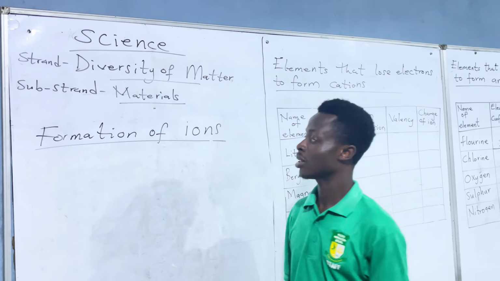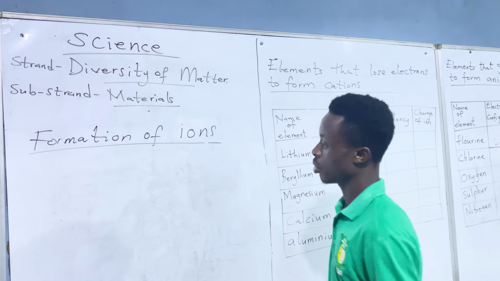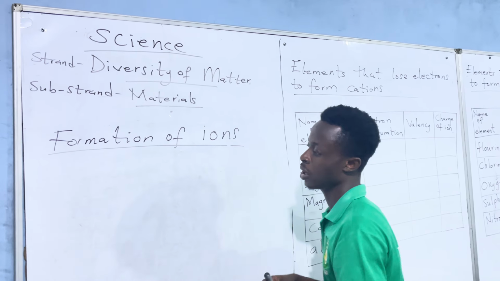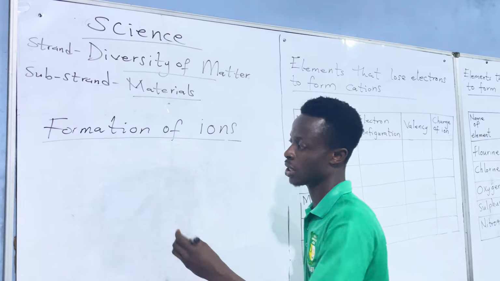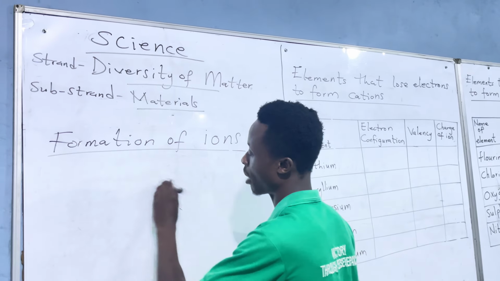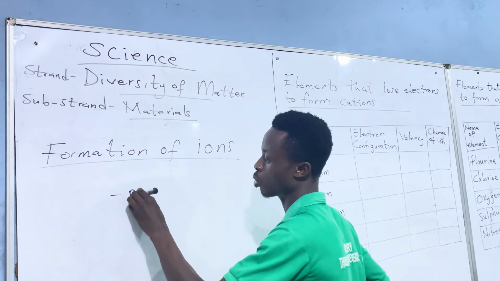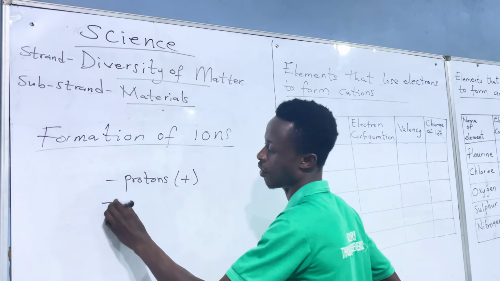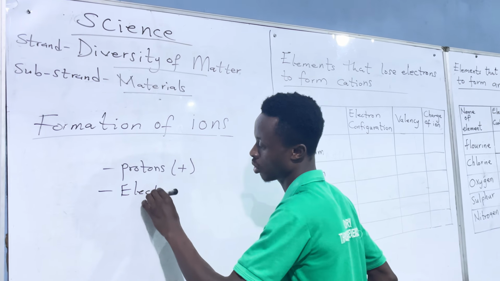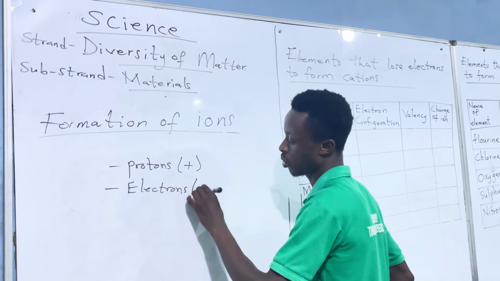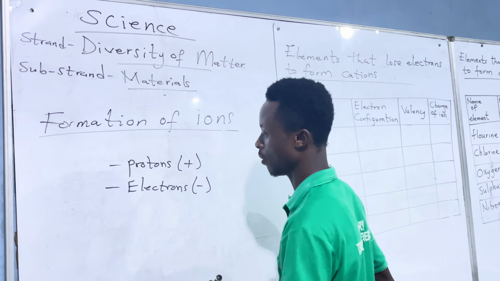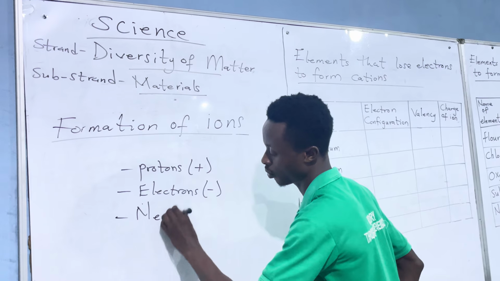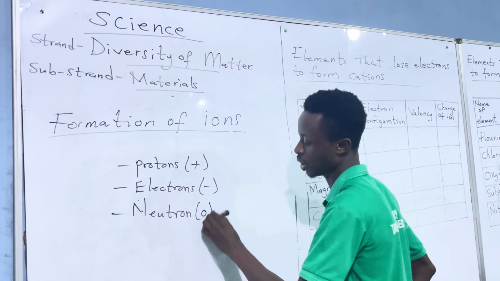So let's talk about the formation of ions. Before we go into the formation of ions, let's do some small revision on the subatomic particles. The subatomic particles of an atom are the protons, which are positively charged, the electrons, which have negative charges, and the neutron, which has no charge, so zero charge.